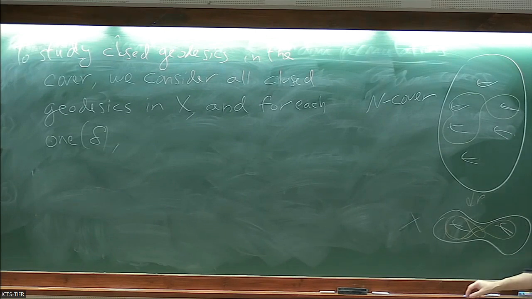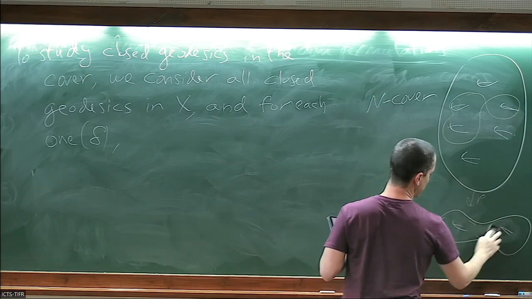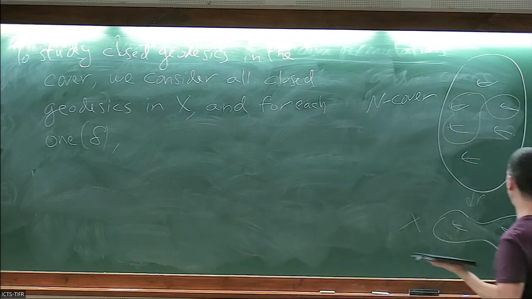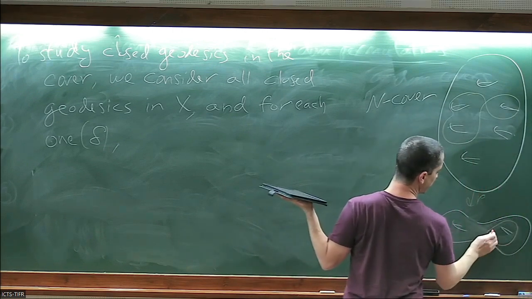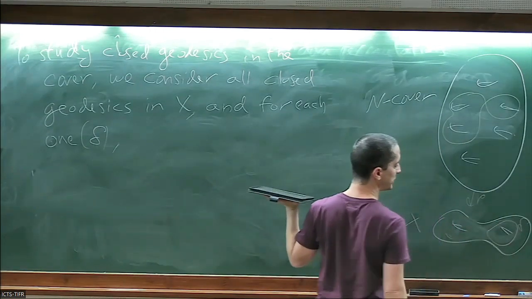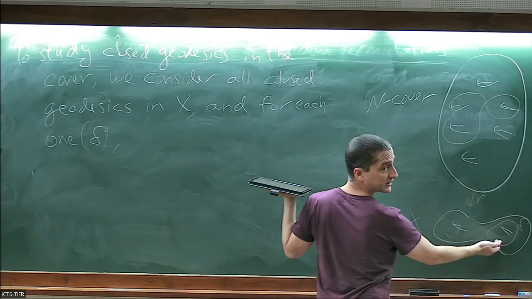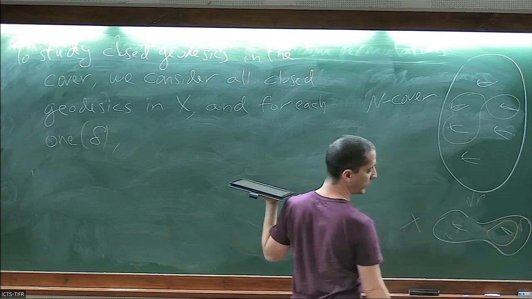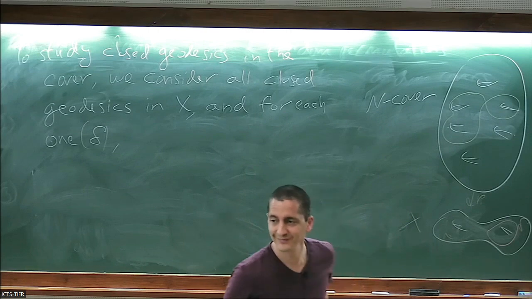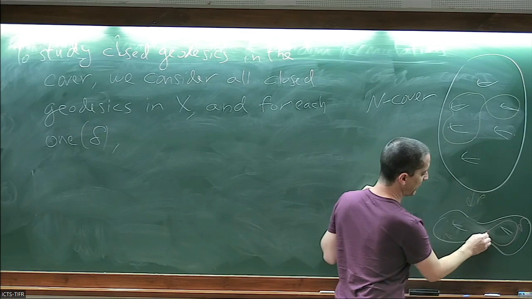Okay, let's take a simple picture. This is a geodesic here. This is now delta, a closed geodesic. How many geodesics in the cover correspond to delta? So what I can do is choose a point here.